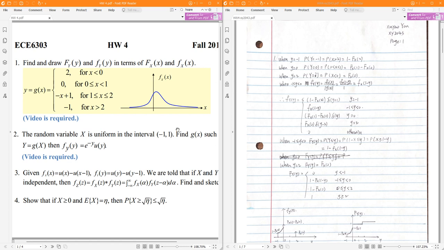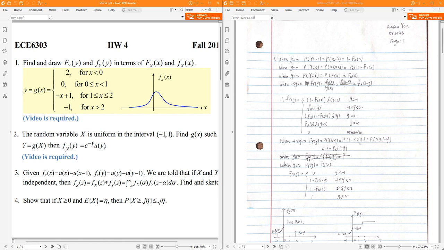And then we need to calculate the distribution. So it is the integral of the density function, and we also need to consider these several cases.